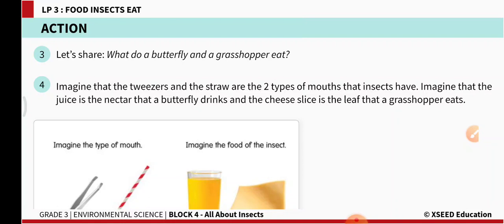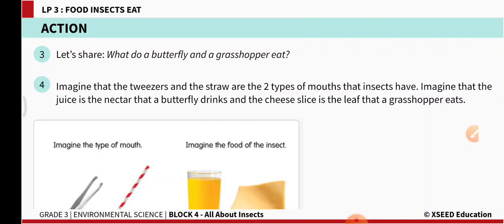You might have seen butterflies flying all around the bushes and they sit on a flower and they suck the nectar from the flower. And grasshoppers we mainly see on the leaves. So grasshoppers eat leaves and grass. So that is what we discussed about the food of butterfly and grasshopper.